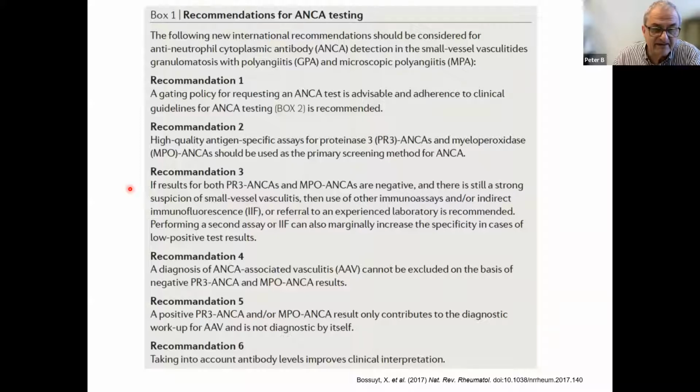A negative test can't exclude an ANCA-associated vasculitis. It's a contribution to the diagnostic workup and cannot be the only finding that establishes the diagnosis of vasculitis. You should take into account antibody levels, even if they are not so specific for disease activity.